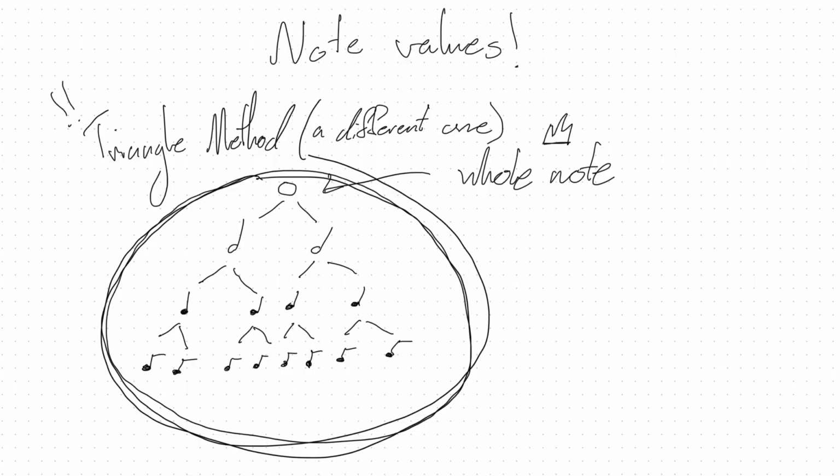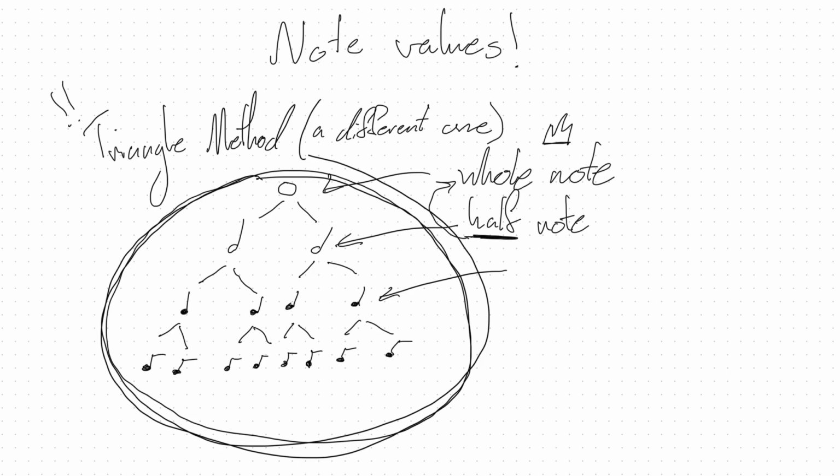Just understand that. The next notes that you see here are called half notes, and they're exactly what they say. They're half of a whole note. Now, these next notes are called quarter notes.